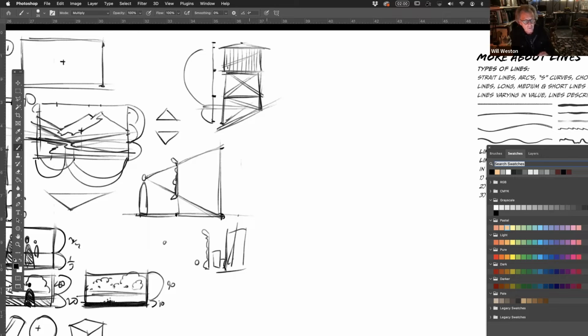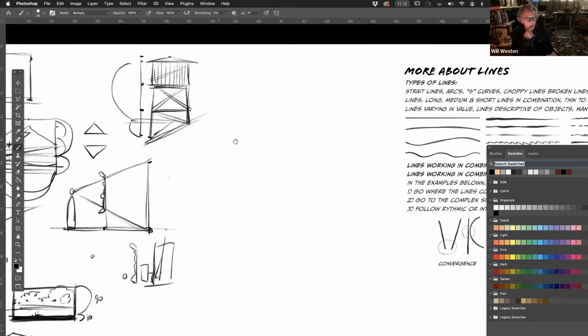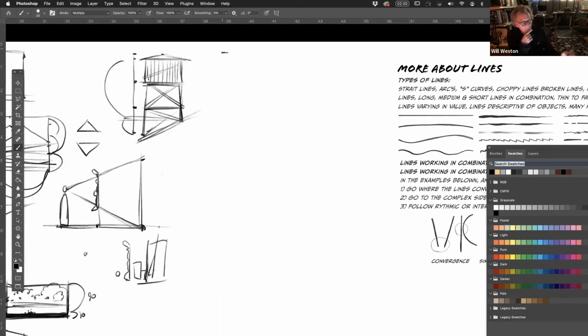Okay. But if I take the same proportion, I can design another water tower, or look at another water tower. And I'll put 10% up here again too. So here's a big water tower.